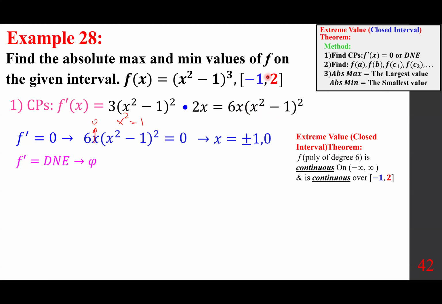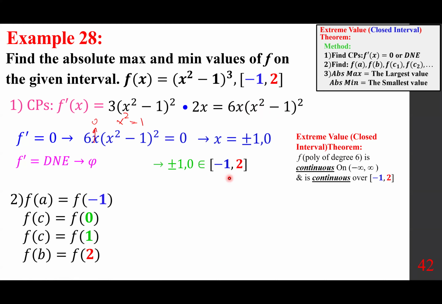Let's evaluate the function at everything. So all of those belong to the given interval. One of them is one of the endpoints. You don't have to repeat it, of course. But you have to evaluate the function at all those 4 points, starting with -1. If I put the -1 in and square that, I get 1. 1 minus 1, 0, 0 cubed is 0.